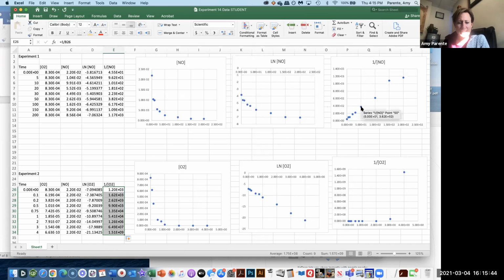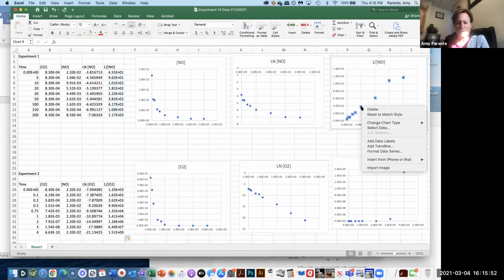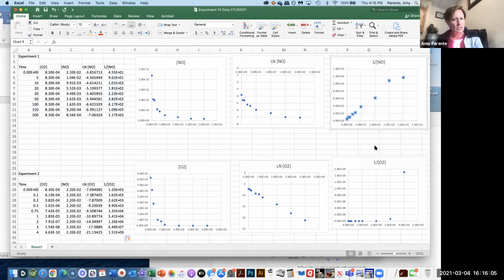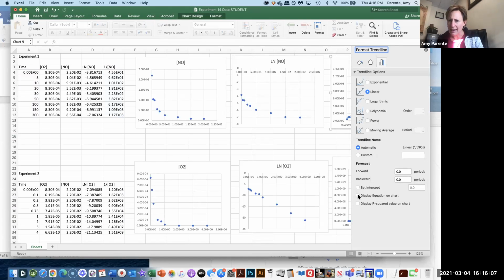Again, you want to select this data and add a trend line, just like we did before. I want to display my equation and R squared value.